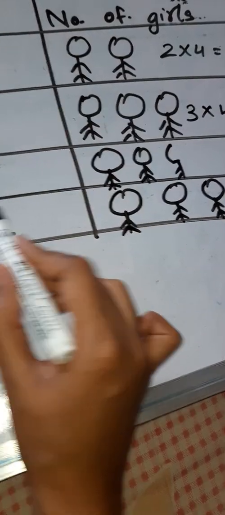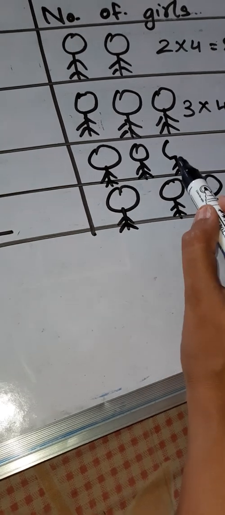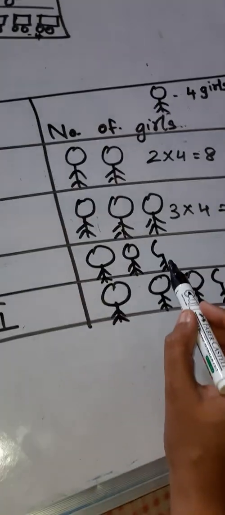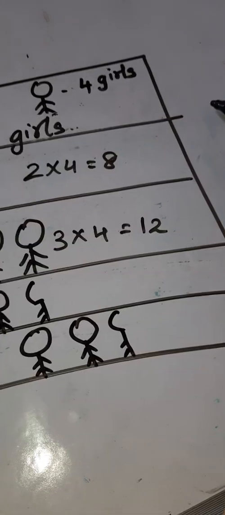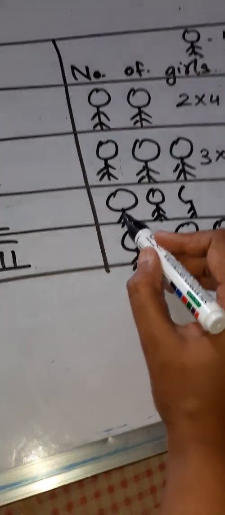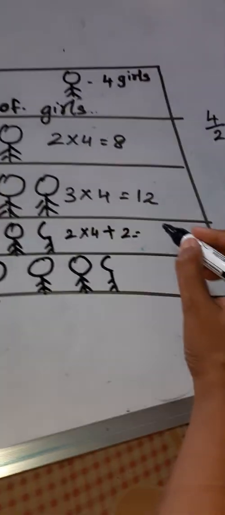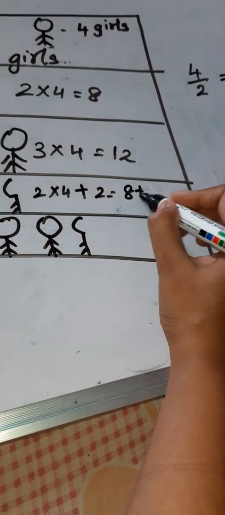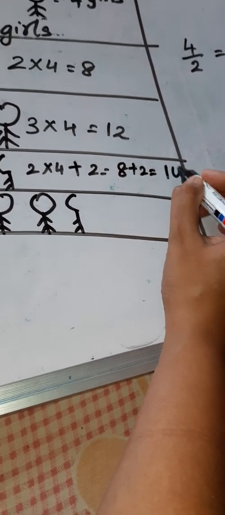12. And in grade 7, 2 full pictures are given and 1 is half. How will you do this? You need to divide 4 by 2, equal to 2. So 2 into 4 plus 2, that's 8 plus 2 equal to 10.